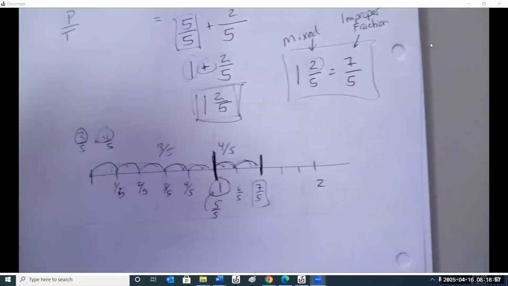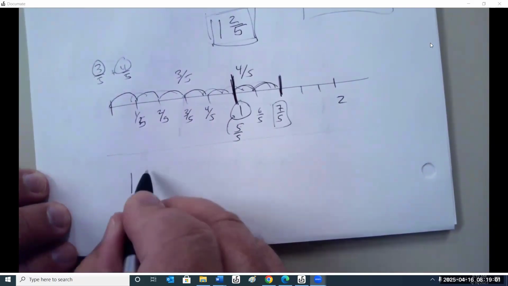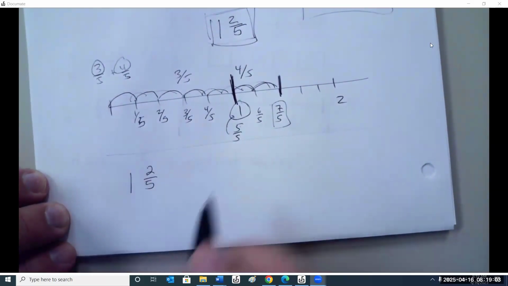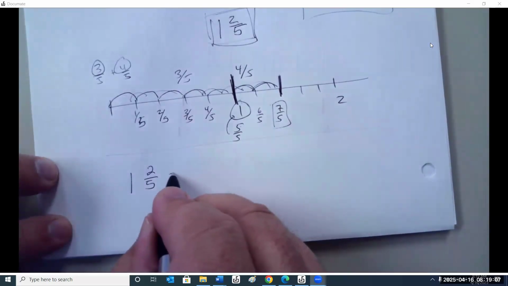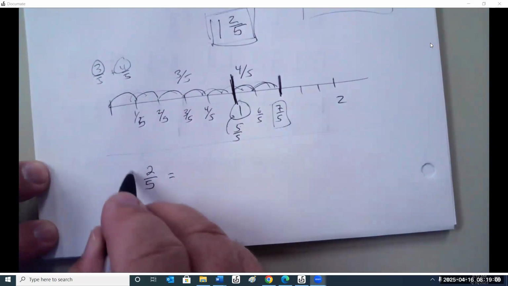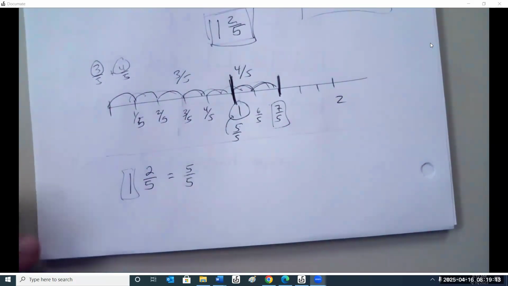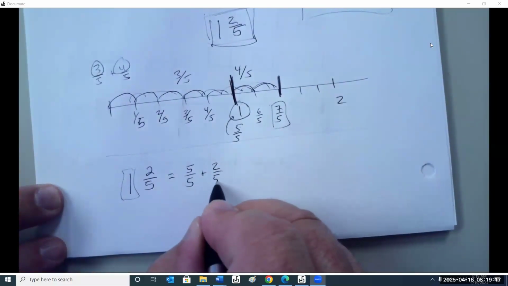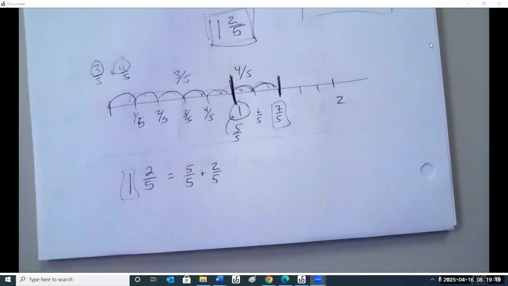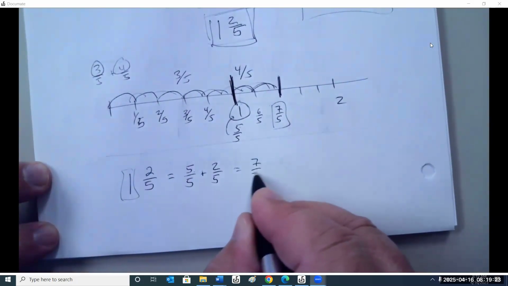I'll ruin the surprise and I'll give you the formula. What this number means, this means 5 over 5, and we have 2 more over 5. So that equals 7 over 5.